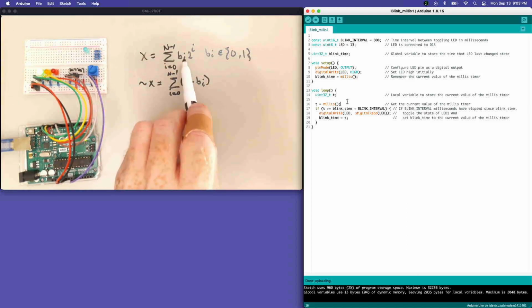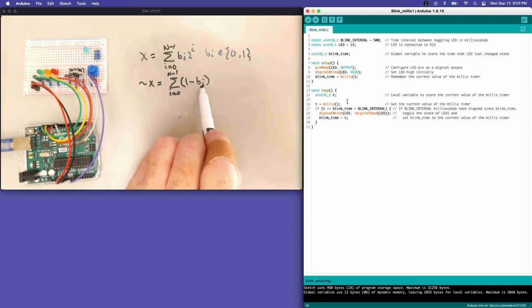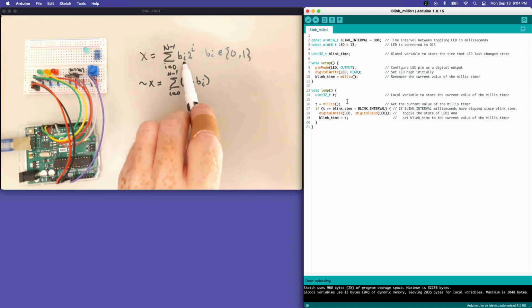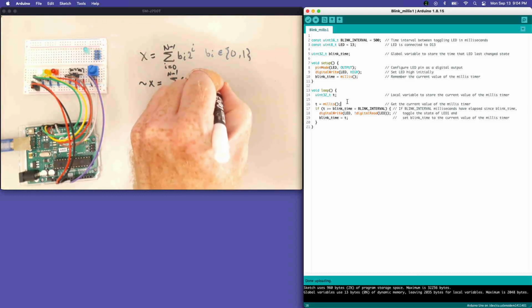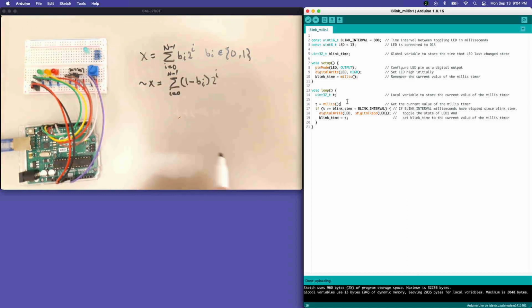So we want to interchange 0 with 1 and 1 with 0. If b_i is equal to 0, then 1 minus b_i is just 1, whereas if b_i is equal to 1, 1 minus 1 is 0. So 1 minus the bit is equivalent to taking the complement of the bit. And that's again going to be weighted by 2 to the i.